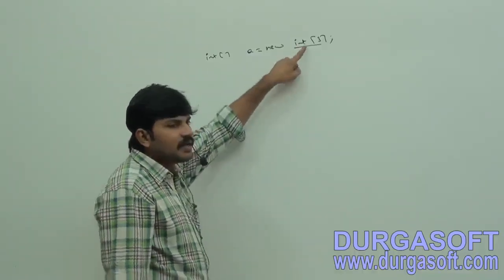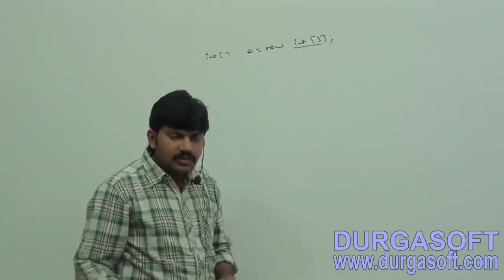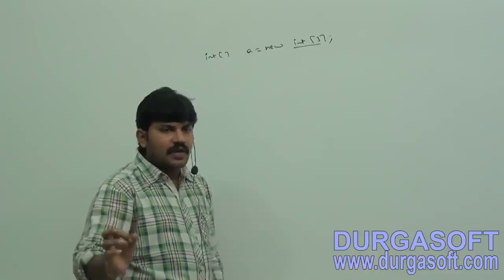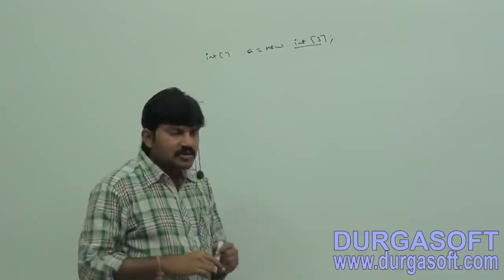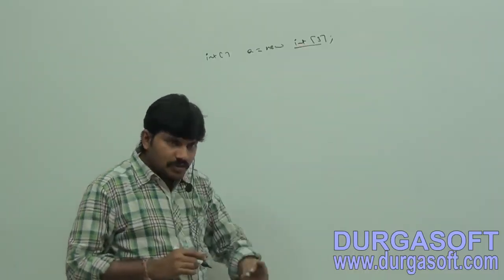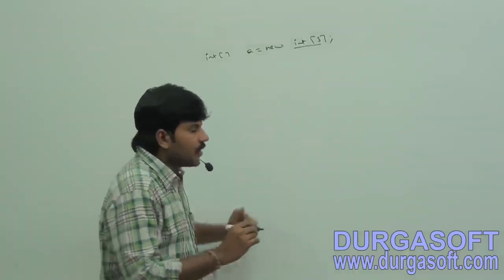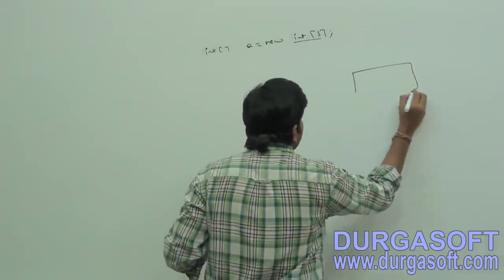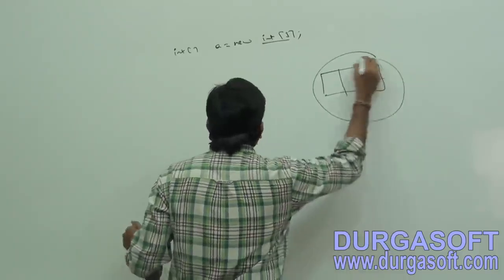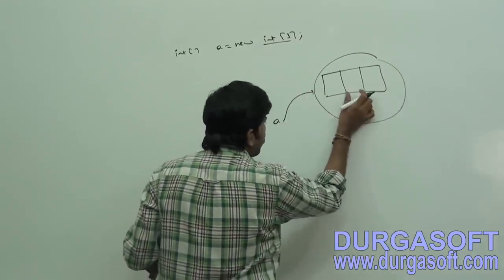Sir, we are creating arrays by using the new operator, which means every array in Java is an object only. Remember this one, sir. That's why we can create arrays by using the new operator, right?